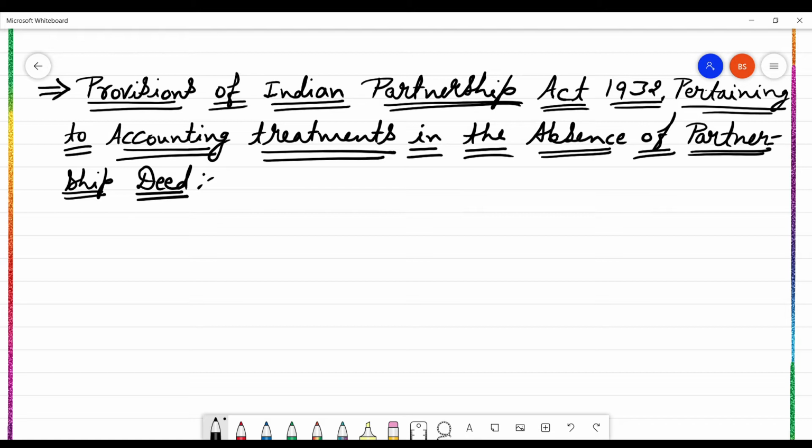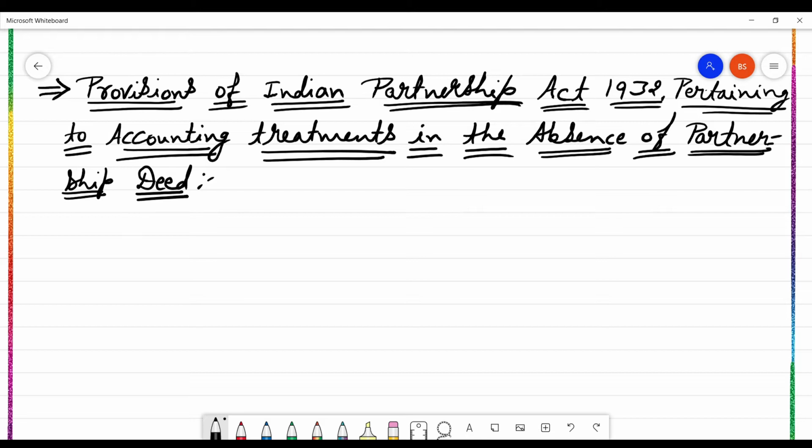Third one is the distribution of profit and loss would remain in equal proportion if there is no provision in the partnership deed about the distribution of profit and loss.